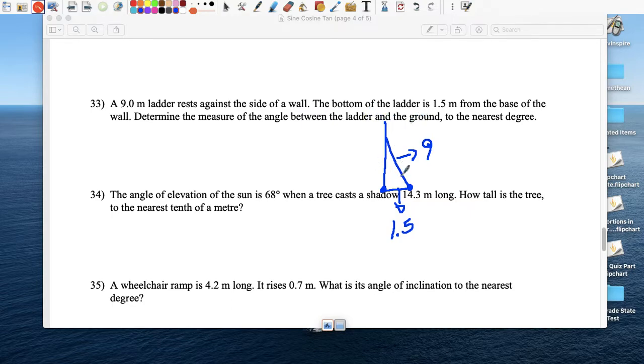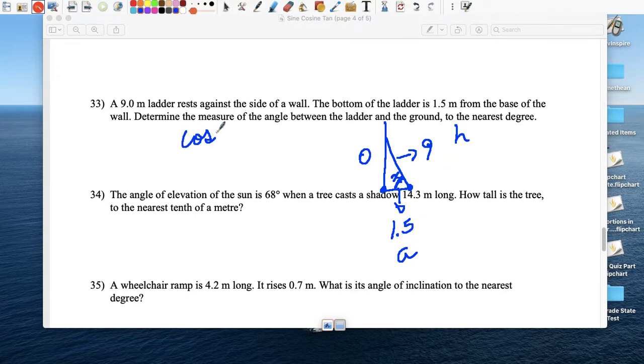So I'm pretty sure we want this angle right here. We'll call that x. From that angle, this is the opposite, this is the hypotenuse, and this is the adjacent. Anything that uses adjacent and hypotenuse, this would be cosine.